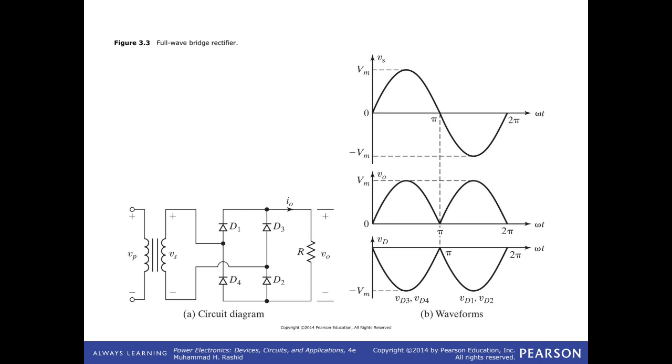The output, follow my cursor, current is going to flow through D1, the resistance, and D2 for the first half.